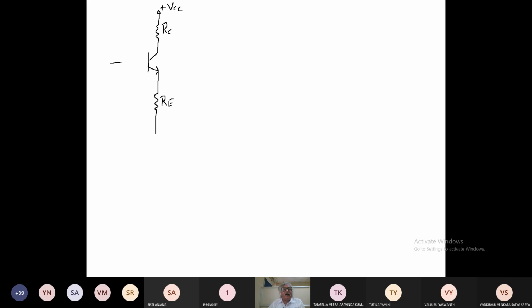Now at the input side we have one capacitor, we call it CC1, coupling capacitor number 1, and here we have the source which is to be amplified.